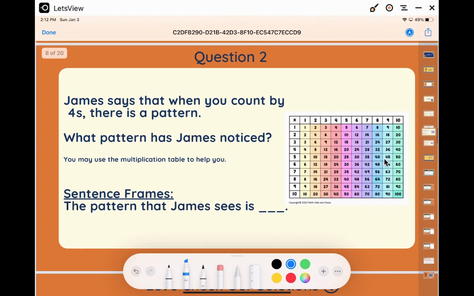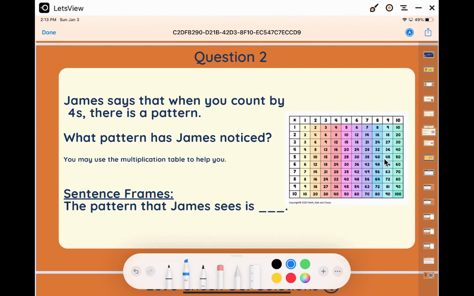Let's take a look at question number 2. James says that when you count by 4s, there is a pattern. What pattern has James noticed? The sentence frame that you can use to answer is, the pattern that James sees is. I'm going to read the question one more time.